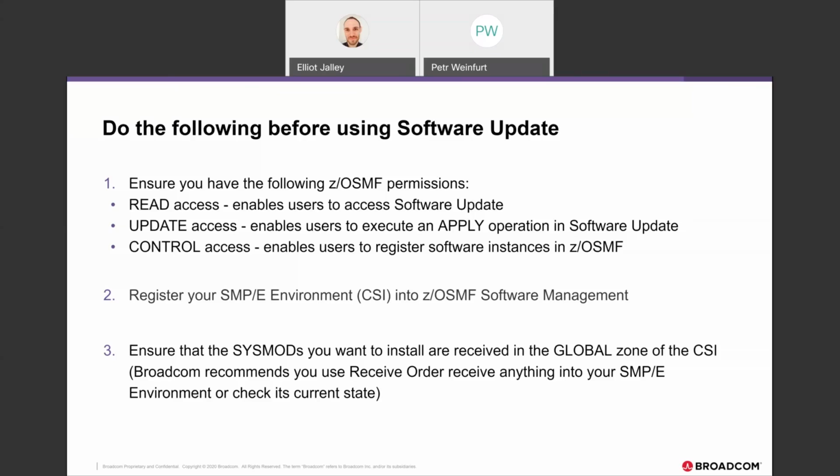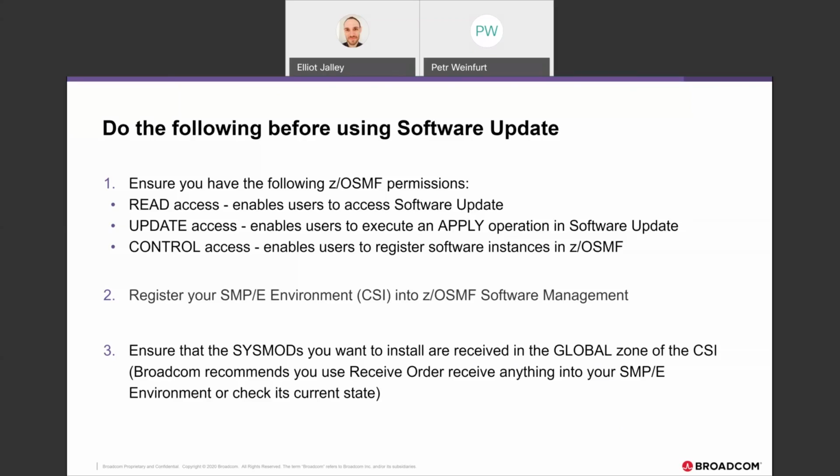So once you have registered your SMP/E environment with z/OSMF, you are ready to use software update. The final point that you should be aware of here is that whatever you intend to install must be received in the global zone of the CSI.